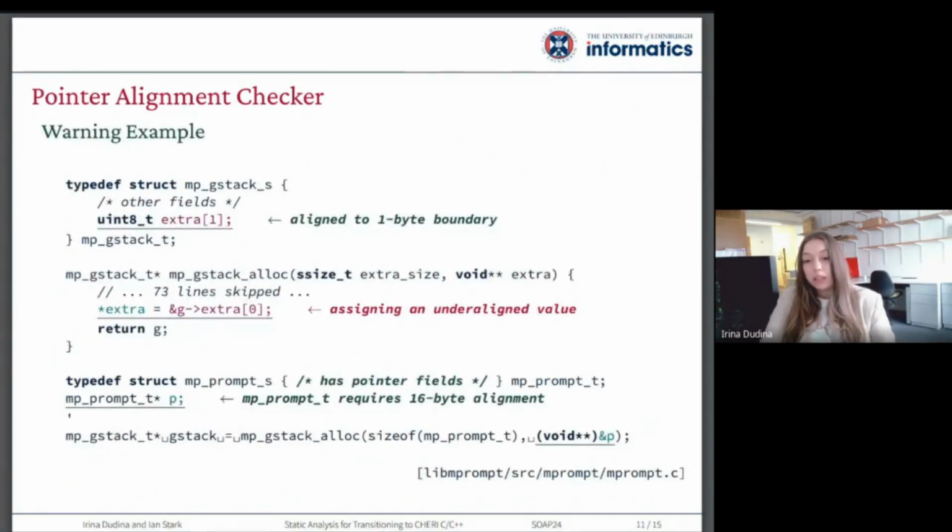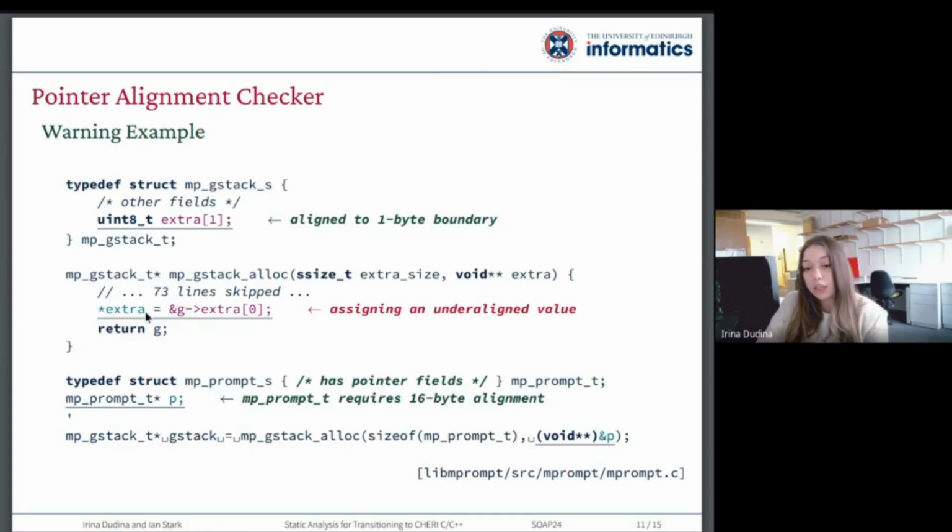So let's take a look at an example of one of the warnings. Here we have a pointer to a structure that contains capabilities. Therefore, the value of this pointer must always be capability aligned. And this is passed for initialization to this function.